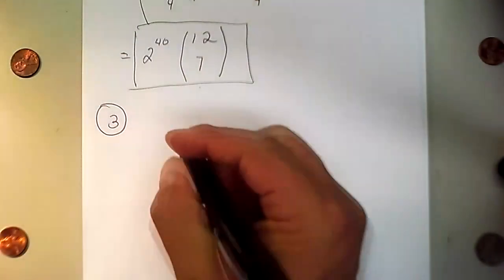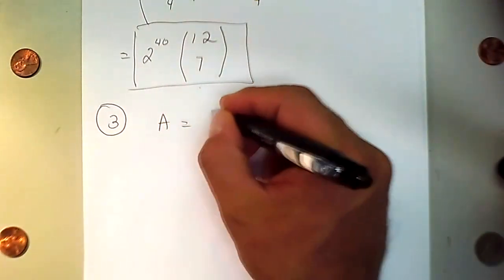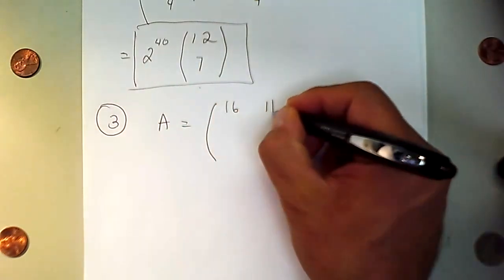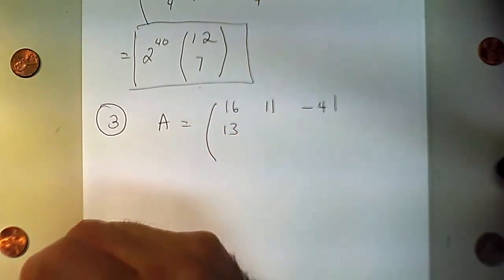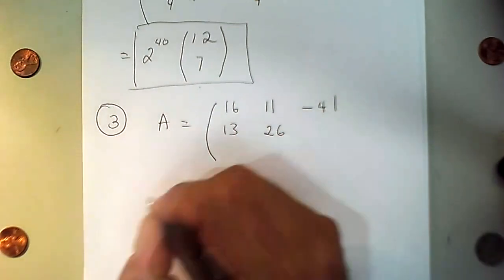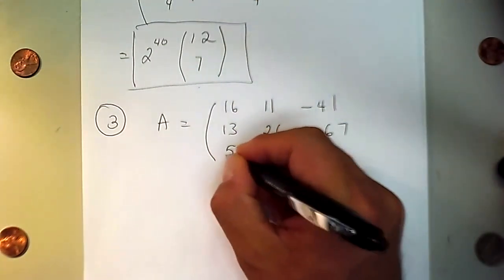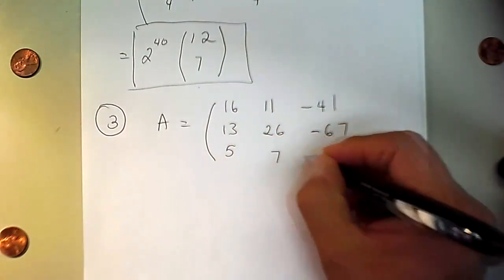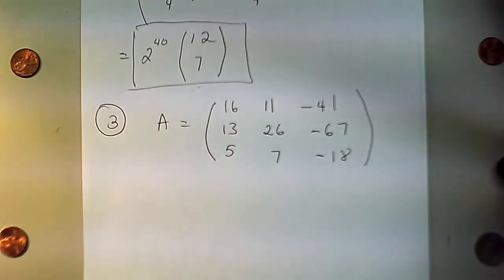But there's the matrix A: it is a 3 by 3 matrix, 16, 11, negative 41, 13, 26, negative 67, 5, 7, negative 18. It took me a while to come up with a nice matrix. Like 2 hours. I made a couple of mistakes along the way. I hope I don't make the same mistakes.